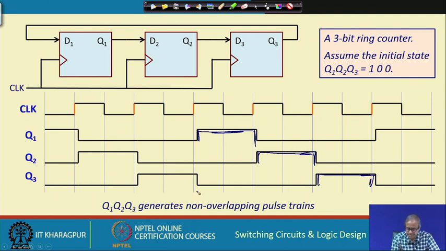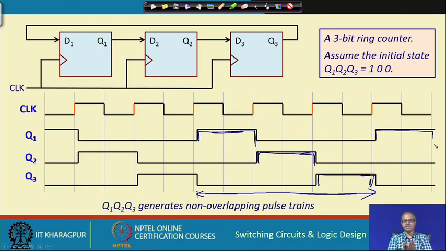If I consider this whole thing as my time period, then in this time period first Q1 is active, then Q2, then Q3. So, I can say that Q1, Q2, Q3 generate a non overlapping pulse train, because after Q3, Q1 starts again, then Q2 and Q3.